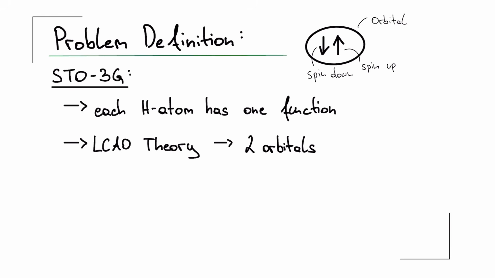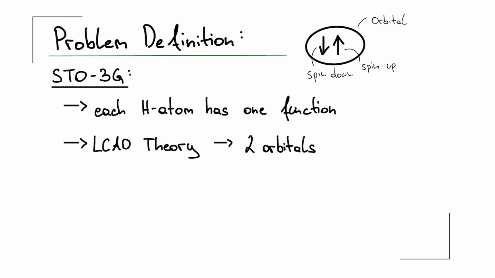Using what's called the LCAO theory, linear combination of atomic orbitals, these 2 atomic orbitals combine and form 2 new molecular orbitals, a bonding orbital and an antibonding orbital. Why bonding and antibonding? Well, if the electrons are in the bonding orbital, they pull the atoms closer together, the bond gets stronger, but if they're in the antibonding orbital, the opposite happens and the bond weakens.